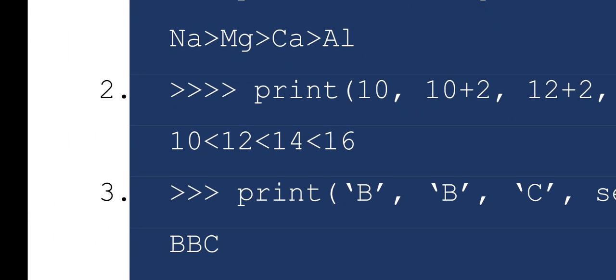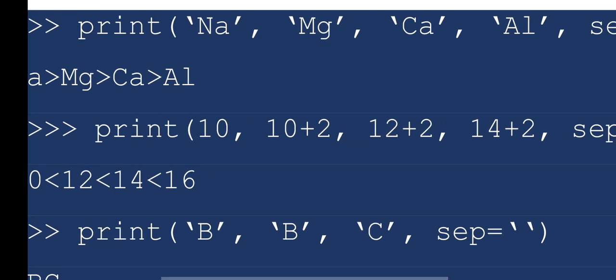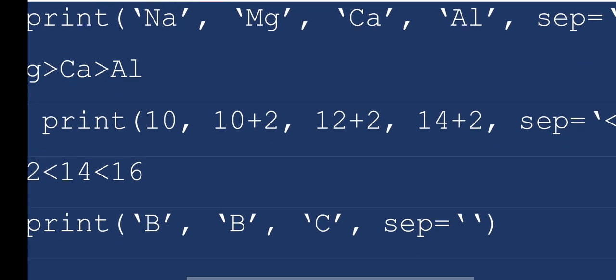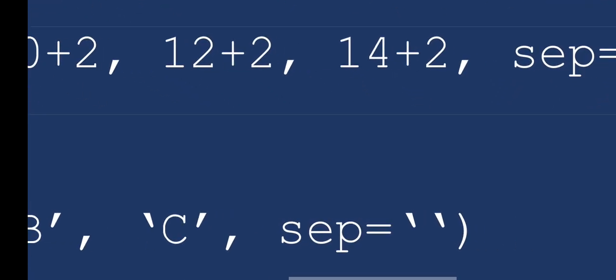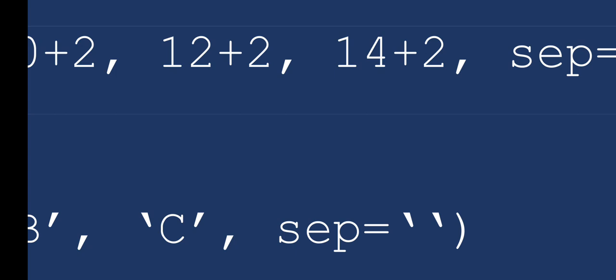And another example, print B, B, C. Three arguments. The first one is the string B, the second one another string B, and the third one is the string C. And now what is passed to the keyword argument sep is an empty string. Please take this as an empty string, a pair of quotation marks without any space, with nothing in between the pair.